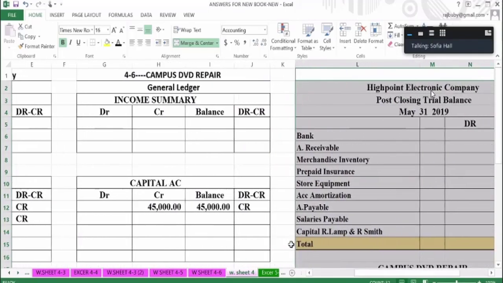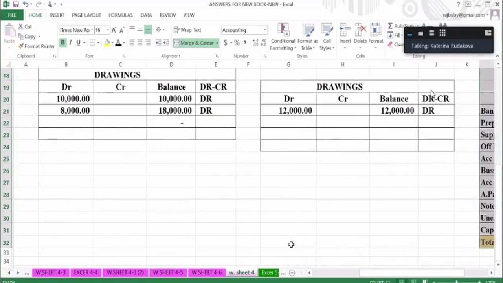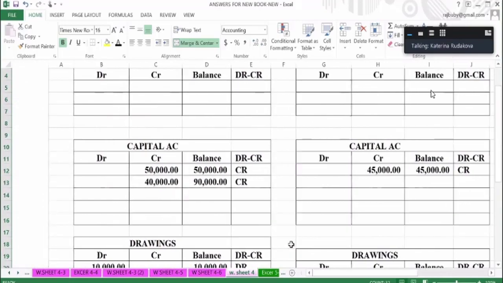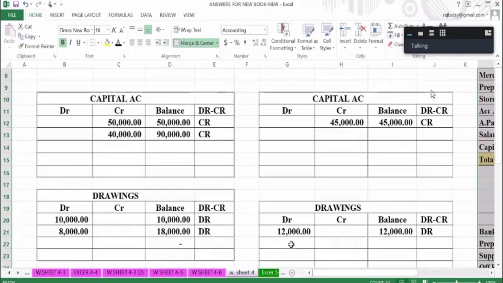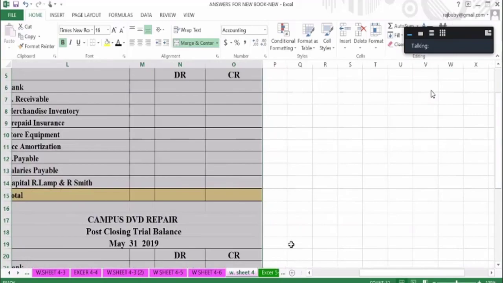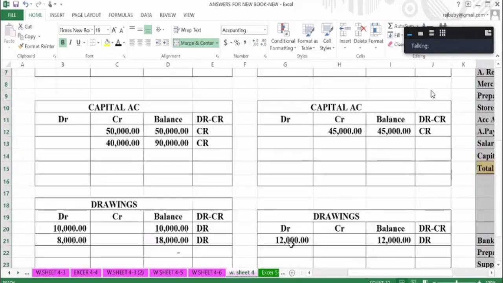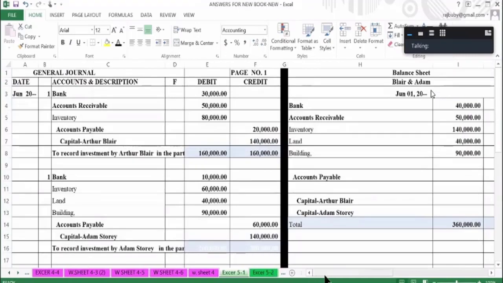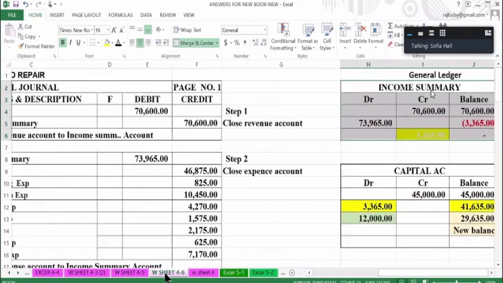This is the income summary account, and I'm going to show. Let me see. This is the first step.